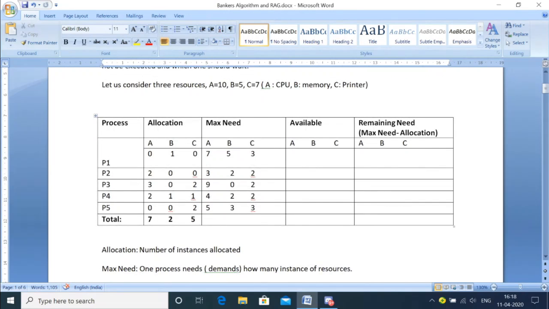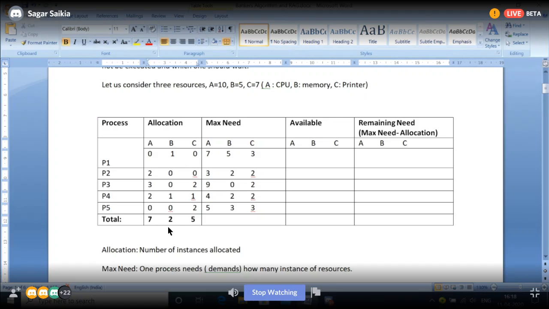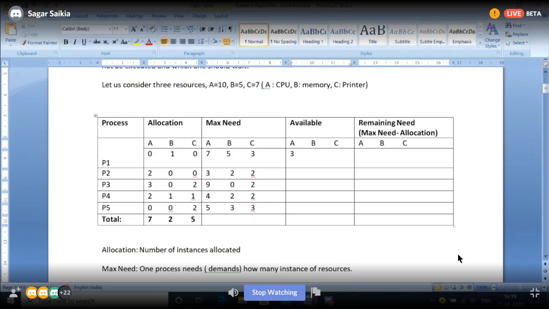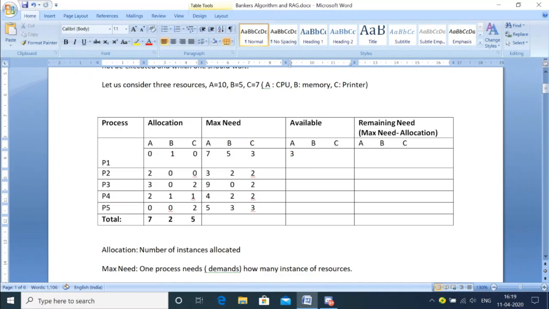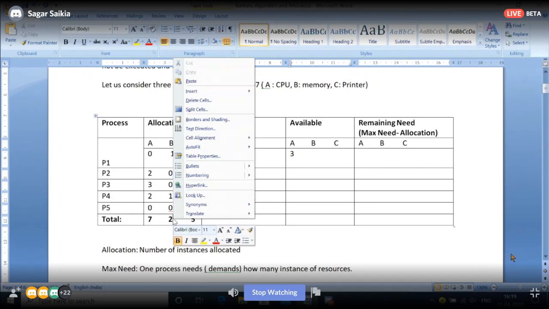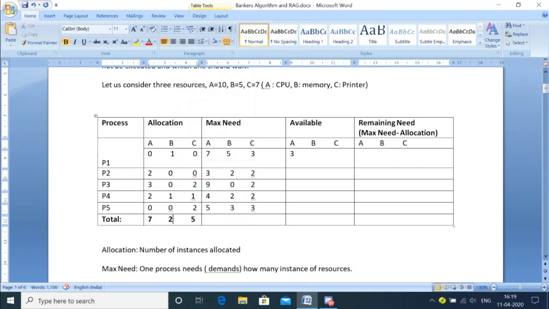Okay. Now, next, see, this is very critical. For A, 7 instances are already used, right? So total was how much? 10. So if I have used 7, 10 minus 7 should be how much? It should be 3. So 3 instances of A are available. Okay. Then next is for B. So B, 2 has been used. But how much was the total? 5.